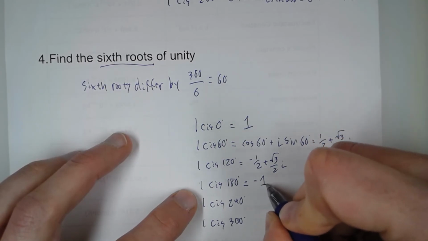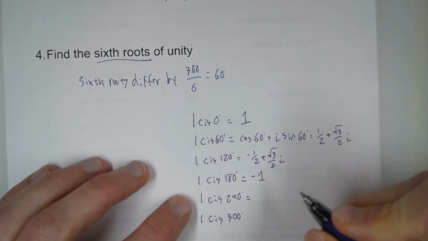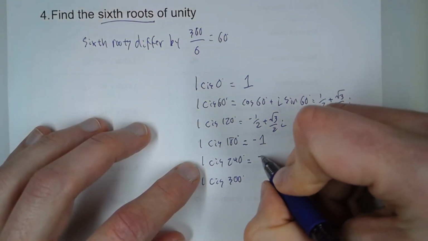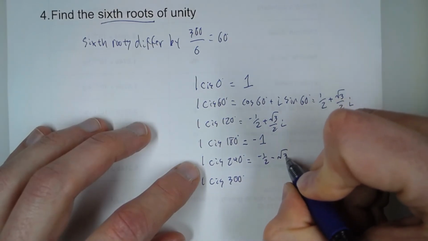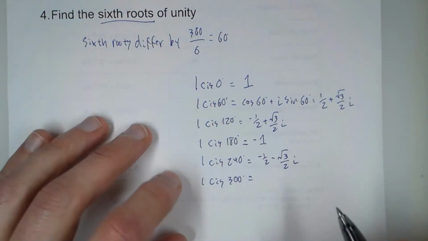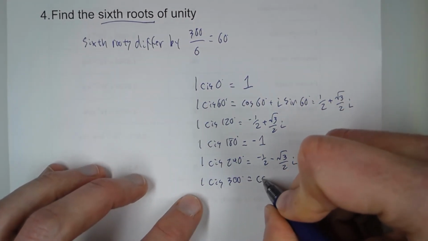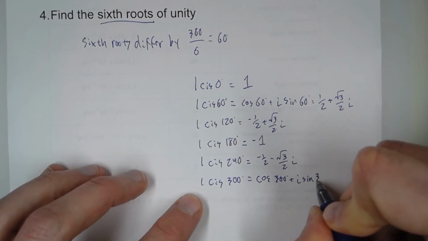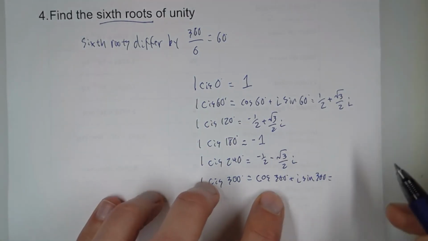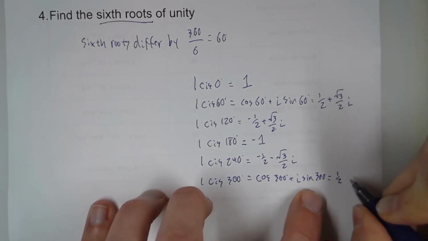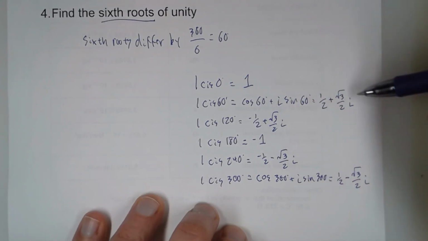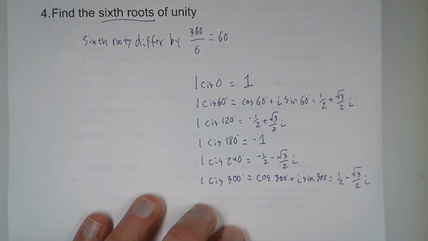That is negative 1. 1 CIS 240, we did that on the first example on the first page, and that's negative 1/2 minus square root of 3 over 2 i. And then finally, 1 CIS 300. And so cosine of 300 is 1/2. Sine of 300 is negative square root of 3 over 2 i. And so these are our 6 sixth roots of unity in standard form.